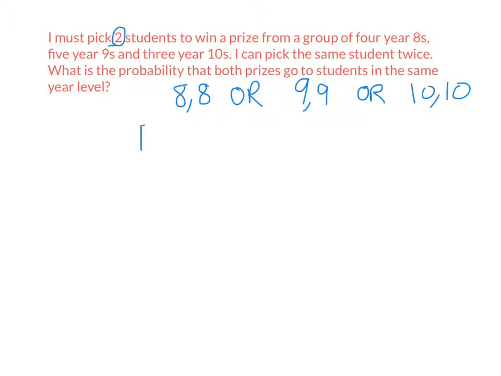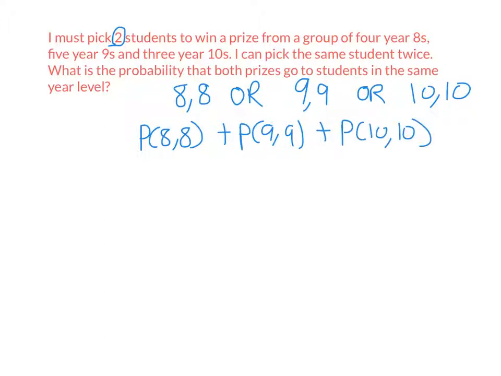So this will just be the probability I pick 2 Year 8 students, plus the probability I pick both Year 9 students, plus the probability I pick both Year 10 students. The reason I'm adding these together, they are mutually exclusive events. So the probability one of them happens is just the sum of all their respective probabilities.